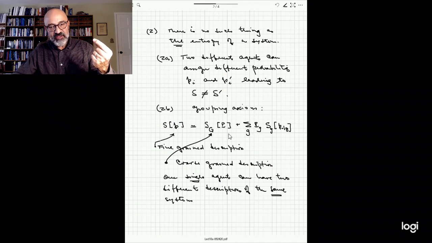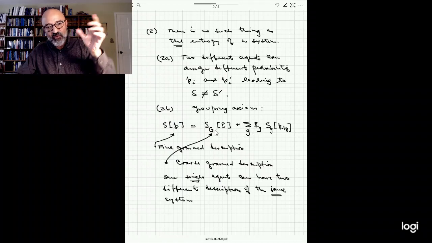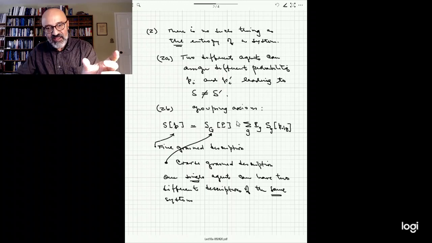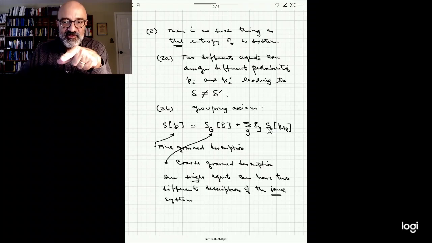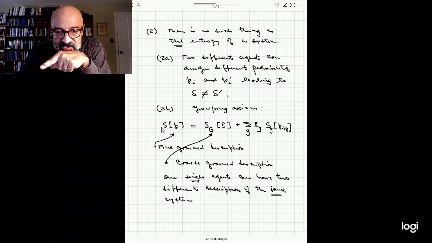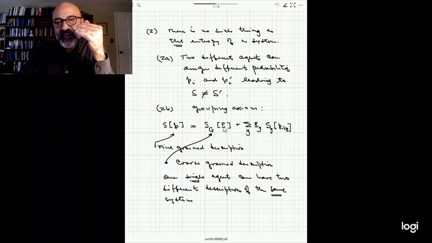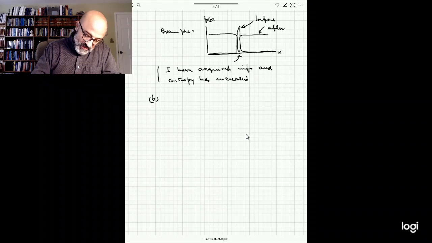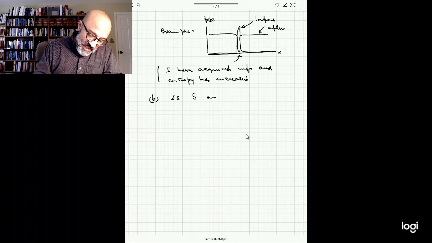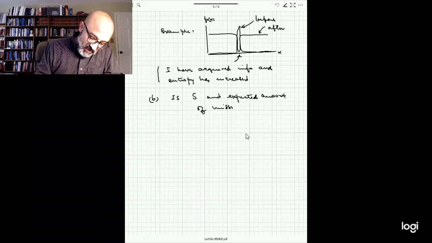In one step, in one installment, you decide what is the group, and then in the next step, you give the expected information that's missing for the group. Expected. So could it possibly be that entropy is actually describing expected information? Is S an expected amount of missing information?